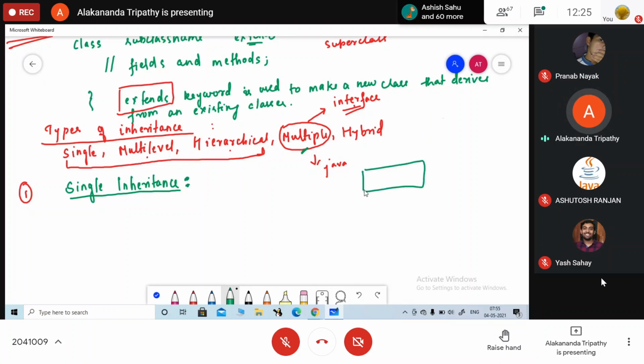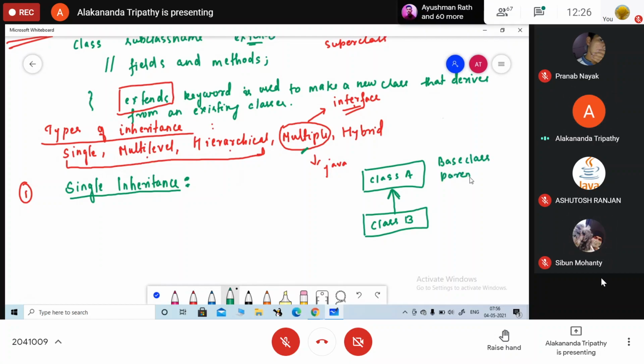This is the diagram. Let this be my class A. Check the arrow mark. This is class B. Here class A is known as your superclass, base class or parent class.